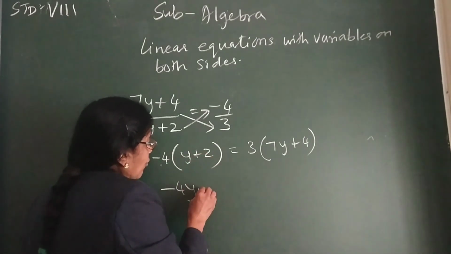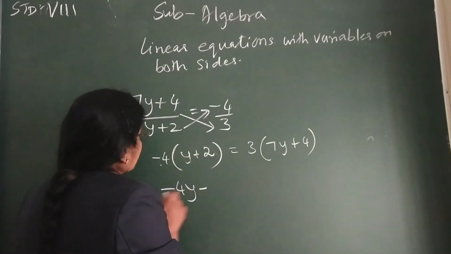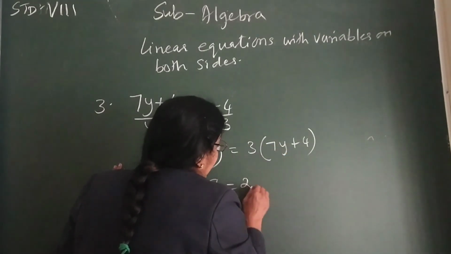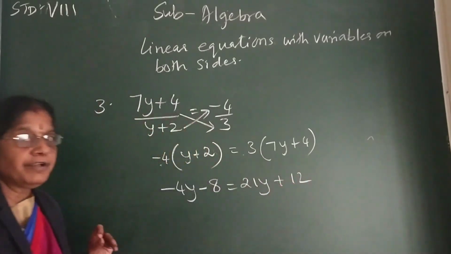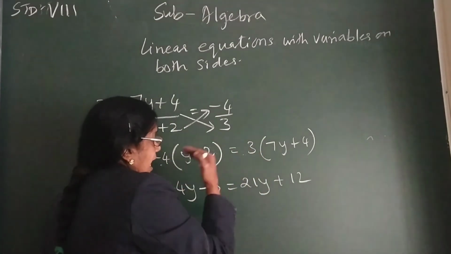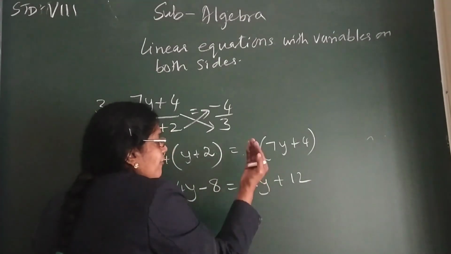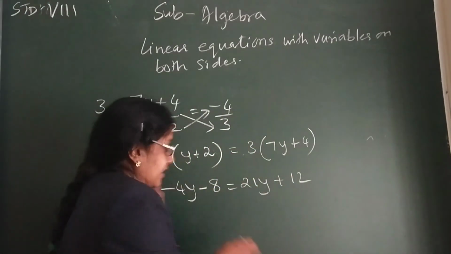Minus into plus is minus, so minus 4 into 2 is minus 8, is equal to 3 7s are 21y, 3 4s are 12. Now we have to transpose. The variable should go with the variable and the constant with the constant. So we are going to transpose 21y from RHS to LHS and minus 8 from LHS to RHS.